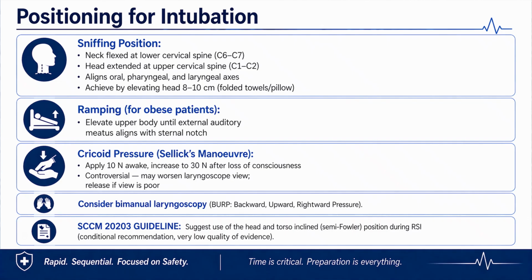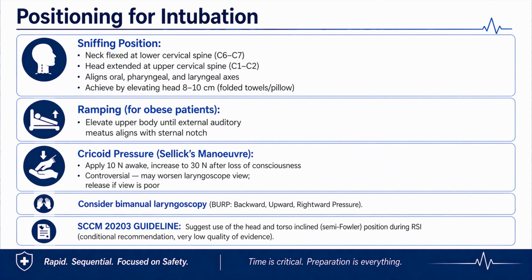It is done by an airway assistant who grabs the thyroid cartilage and pushes in a backward, upward, and rightward way. Right means the patient's right, and that actually aligns the glottis and provides a better view at times. So this is also one type of positioning that improves your glottic visualization and increases chances of first pass intubation.